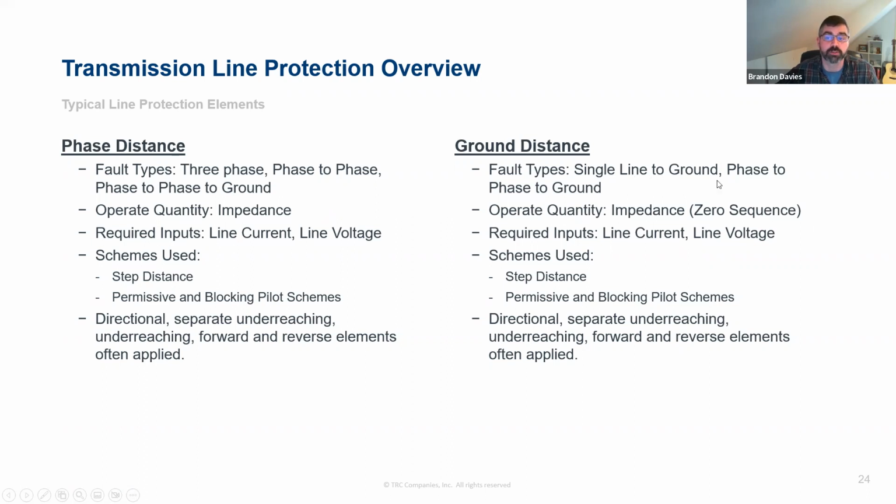Which is what drives it operating for different kinds of faults. And both are inherently directional, are generally applied directionally, and are usually applied using separate underreaching, overreaching, forward and reverse elements that work together to provide full coverage of the line.